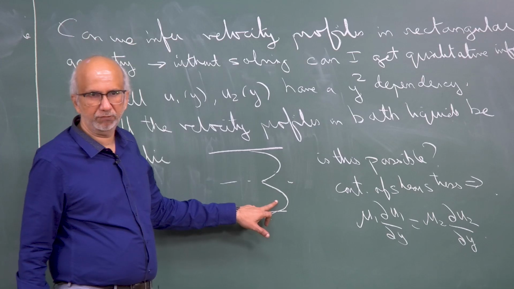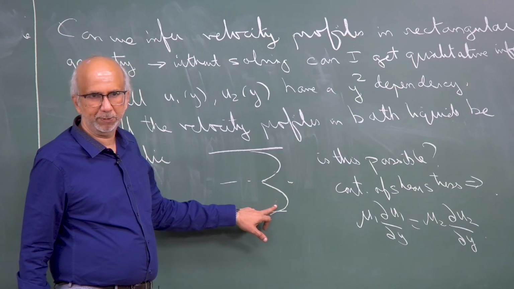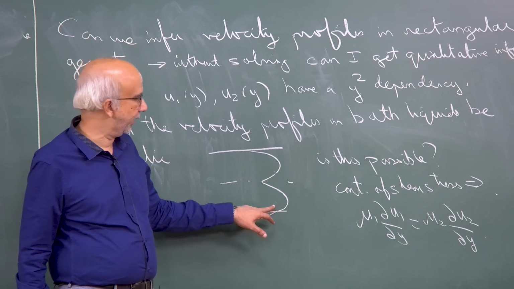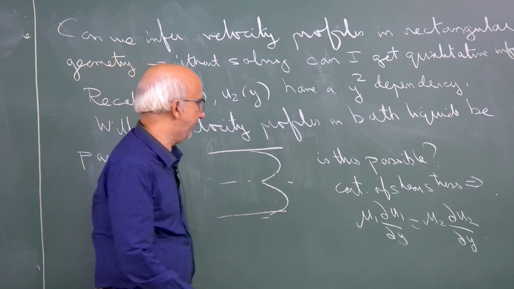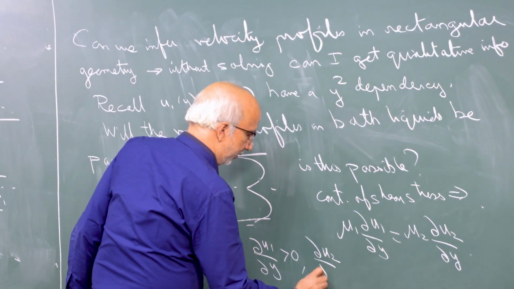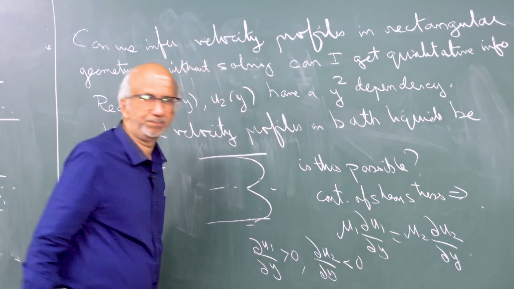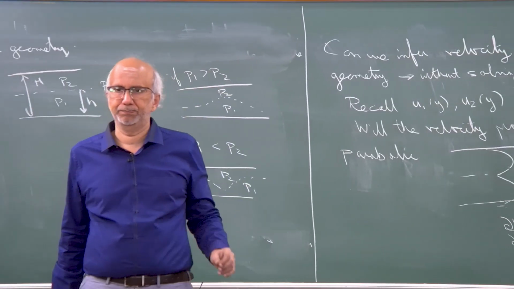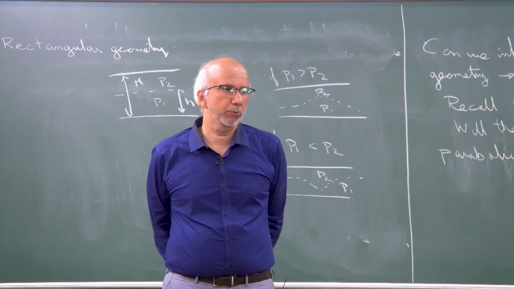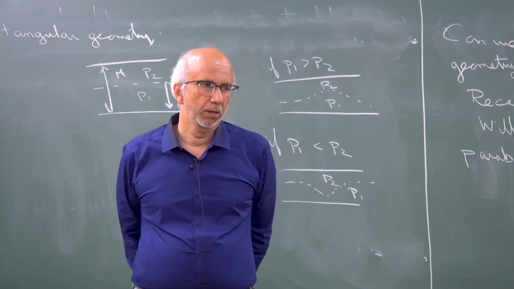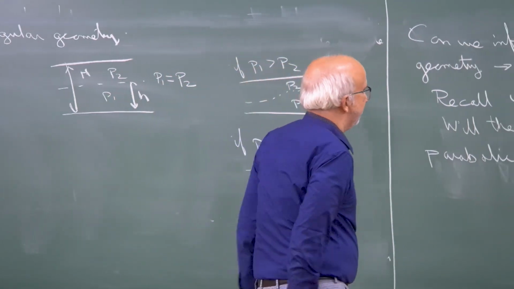The derivative of u2 with respect to y in the second fluid is negative, okay. So, the way I have drawn it, du1 by dy is positive, du2 by dy is negative, and clearly the viscosities are all positive, okay. So, you cannot have a situation where a positive quantity is equal to a negative quantity, okay. So, that means this is not possible.